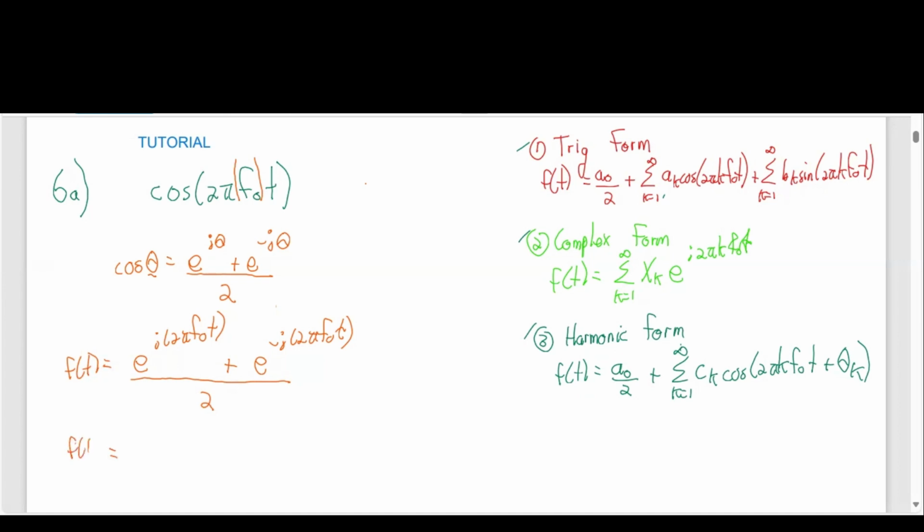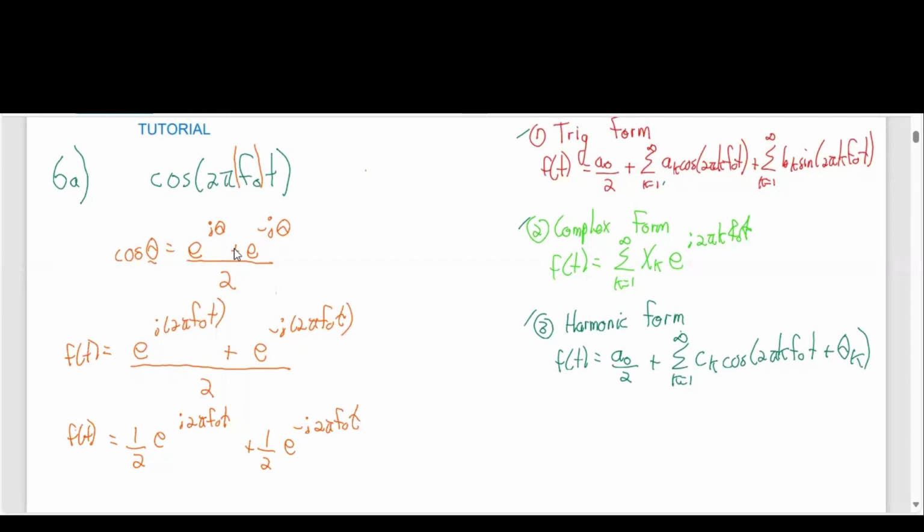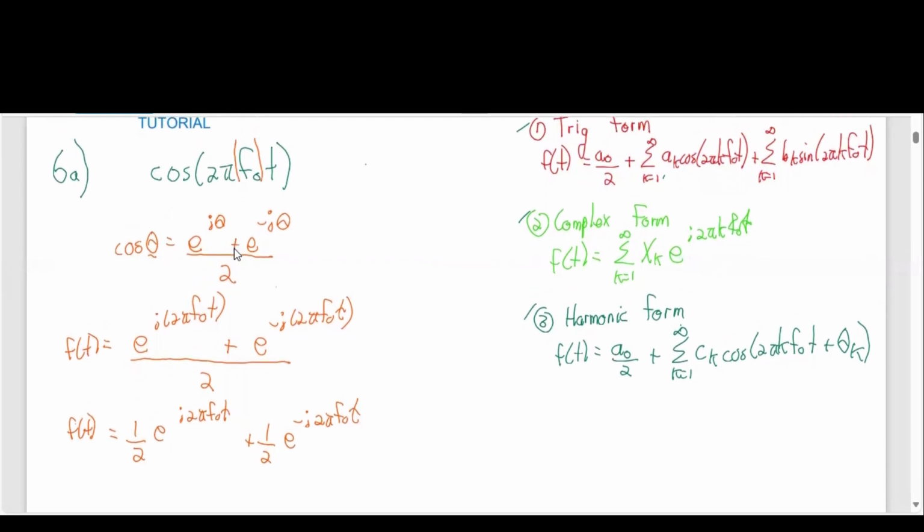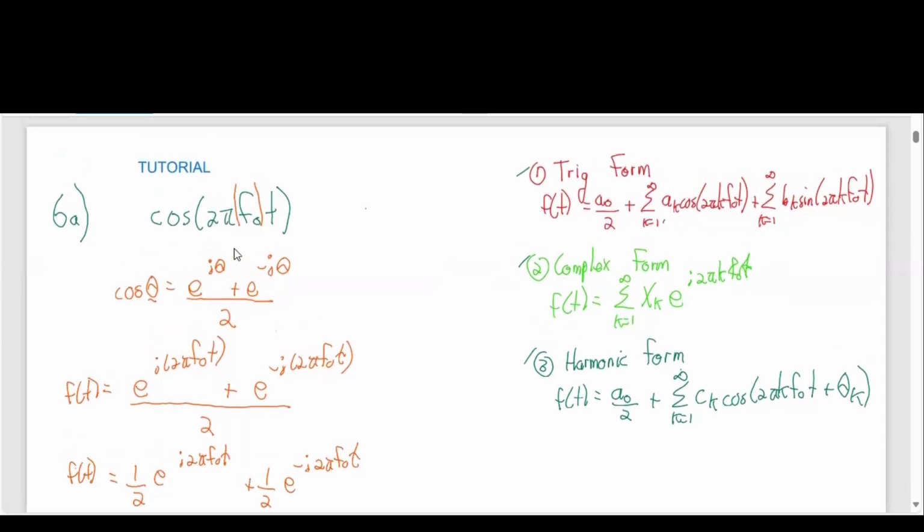So f of t will equal half e to the j 2 pi f naught t plus a half e to the minus j 2 pi f naught t. And just like that, it is in its complex exponential form, right? So you don't have to do anything else to it. That's the end of that piece there.